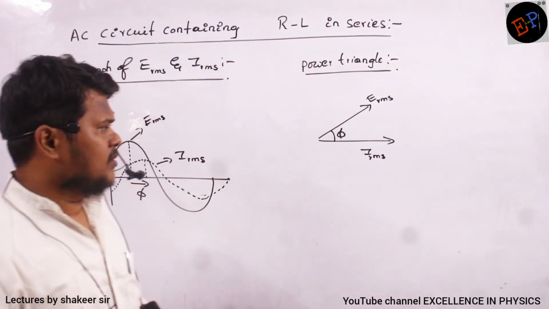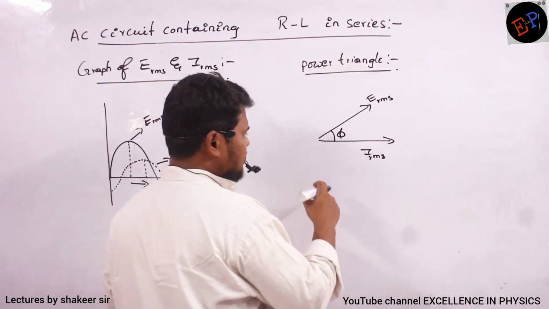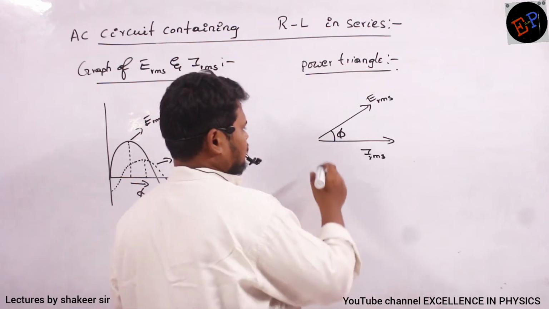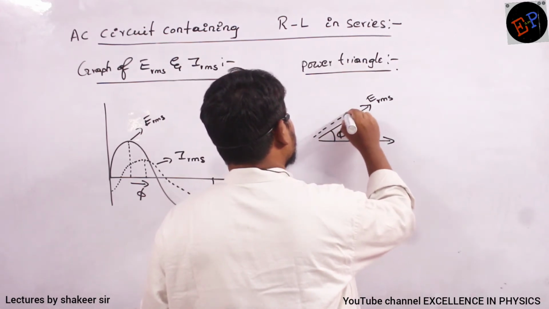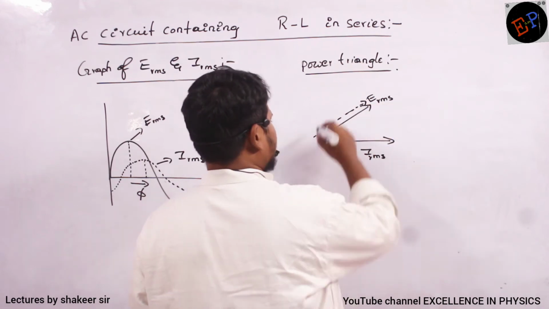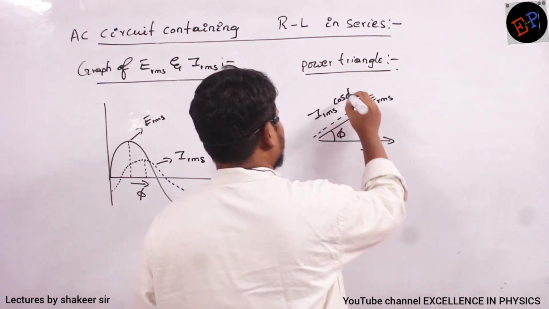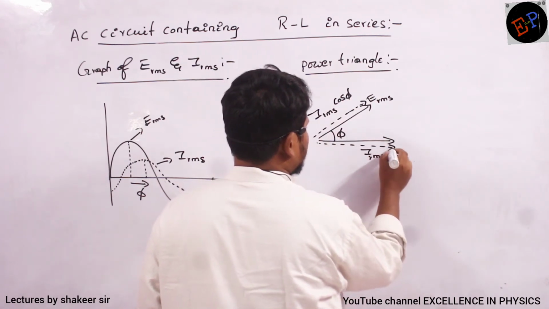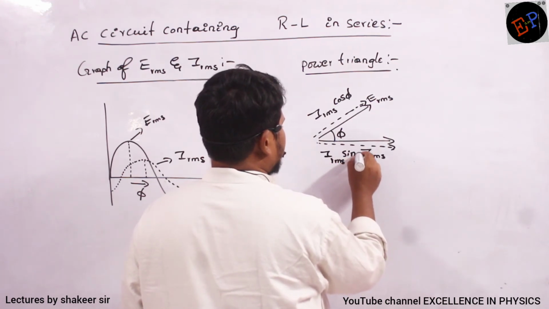Okay? So what I do is, I will try to split this IRMS into two components. How can I split? I can split like this, no? So this is IRMS cos pi, and this one is IRMS sin pi.